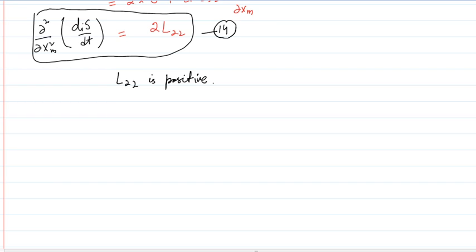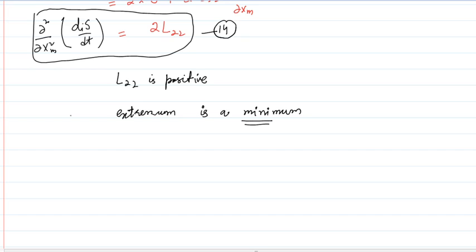That means this extremum is simply a minimum. That means we have found this to be a minimum. This is a very important point, because the second differential has come out to be positive also, that means greater than 0.